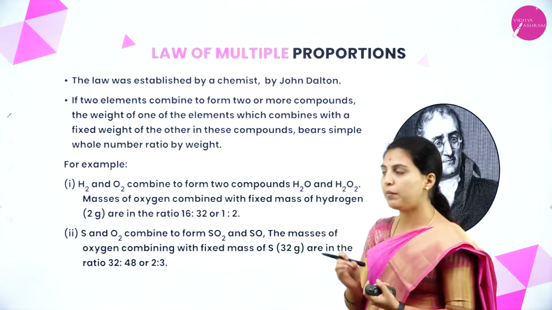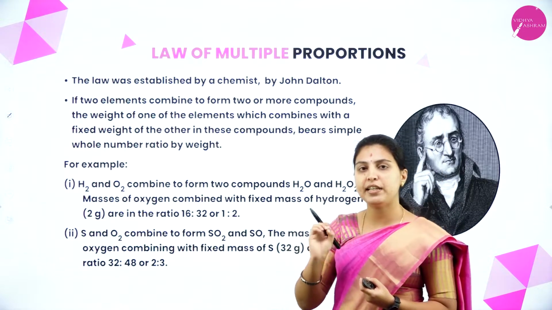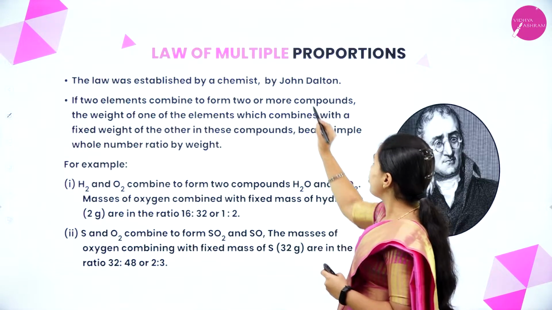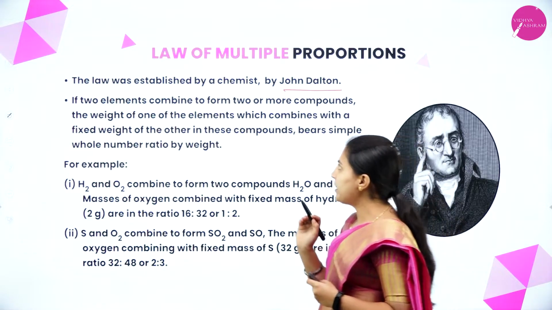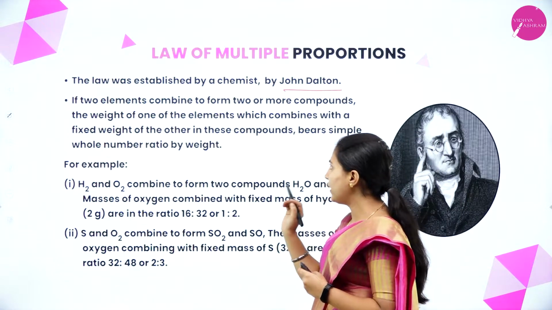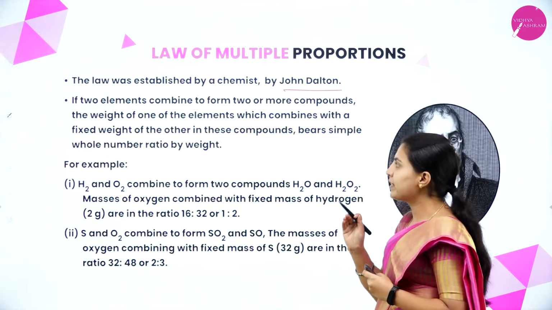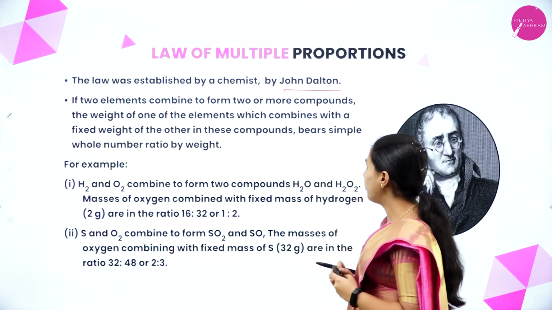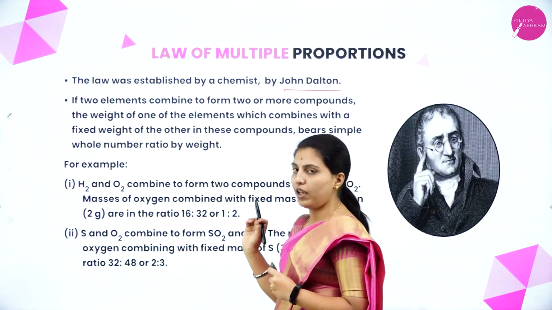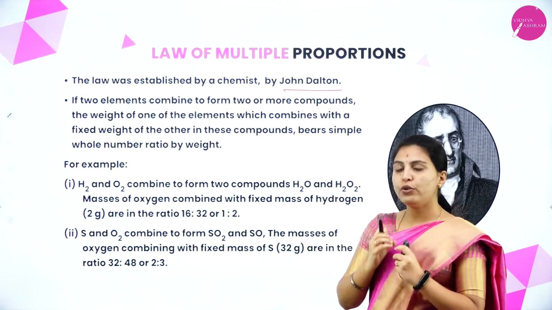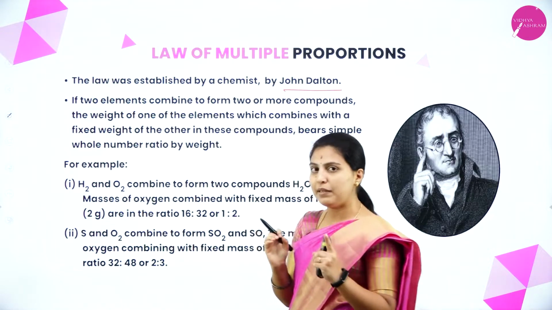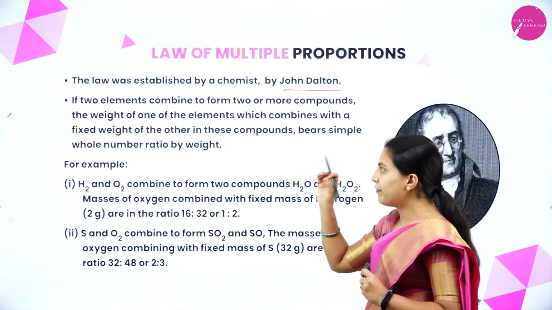Next we will see the law of multiple proportions. In the last slide we saw the definite proportion of each element in a given compound. Here the law was established by John Dalton. If two elements combine to form two or more compounds, the weight of one of the elements which combines with a fixed weight of the other bears a simple whole number ratio by weight.